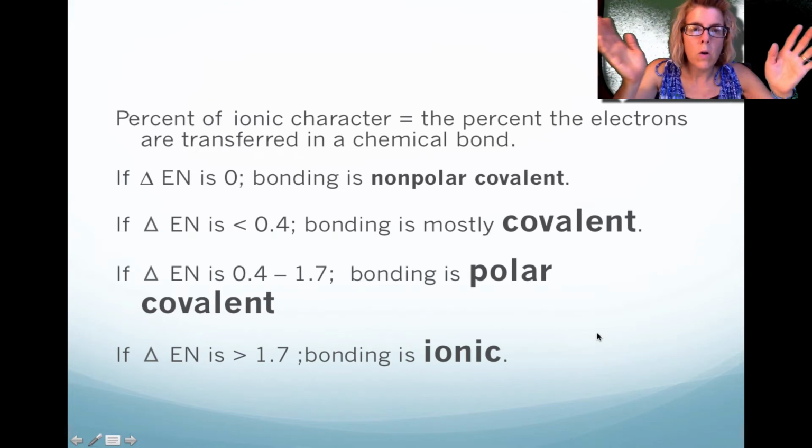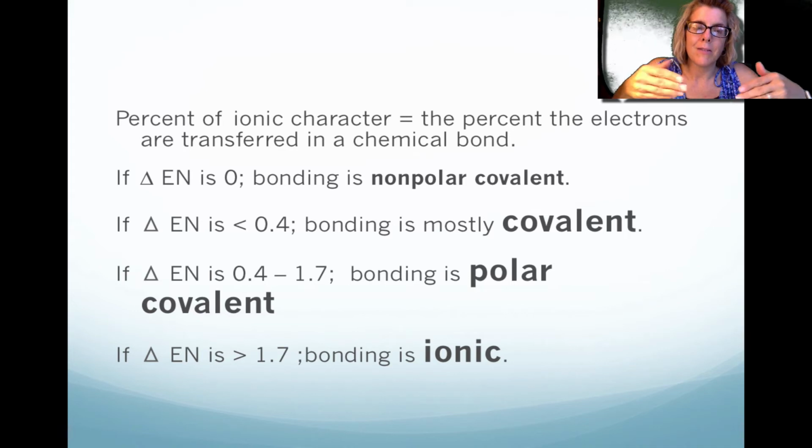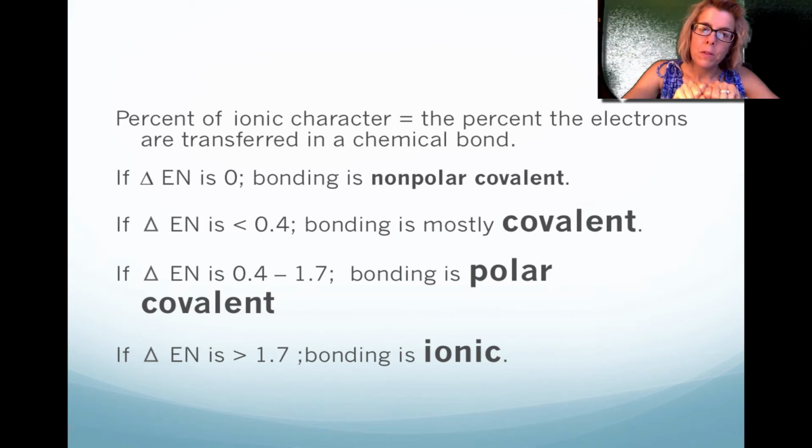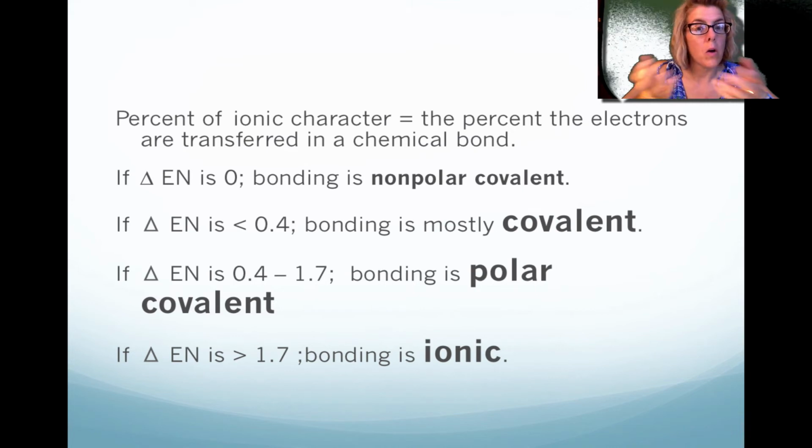Okay, so how do you know the character of the bond? Well, we use electronegativity difference, or delta EN, to tell us. If you have two atoms that are the same bonded together, they're not going to have a difference in electronegativity, and as a result, we call it nonpolar covalent.